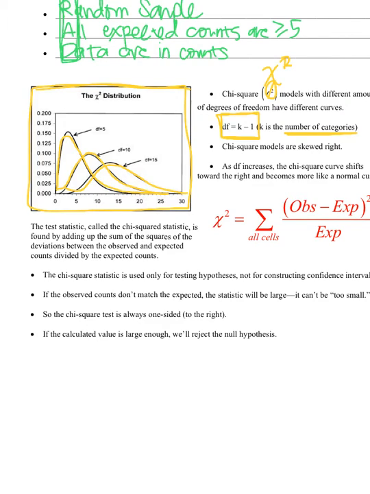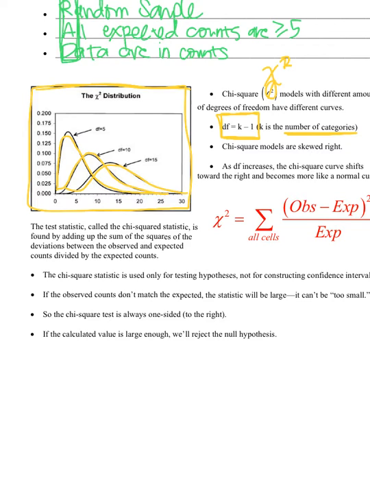So if we were to do our M&M example, M&Ms we have red, blue, green, orange, brown. I feel like I'm missing one, but let's pretend there's 5 colors of M&Ms. Then our degrees of freedom would be 4. All right. So number of categories minus 1.